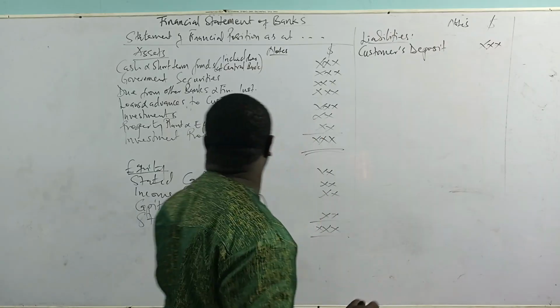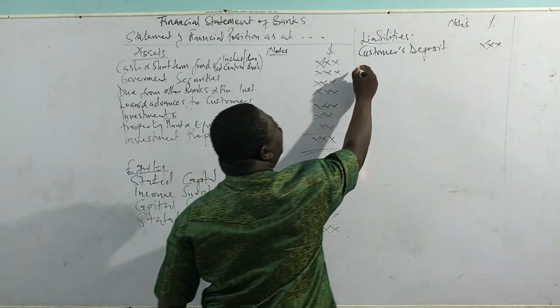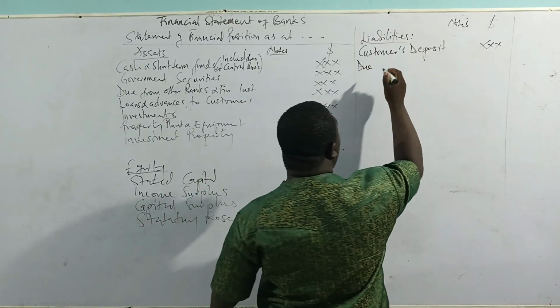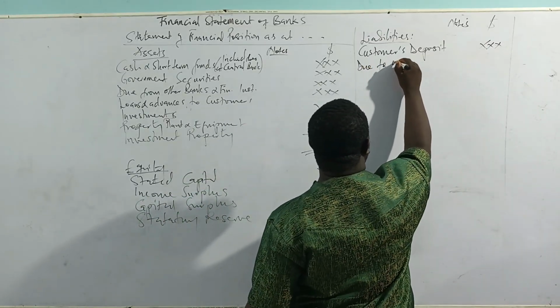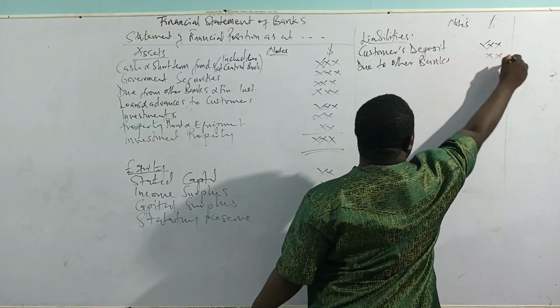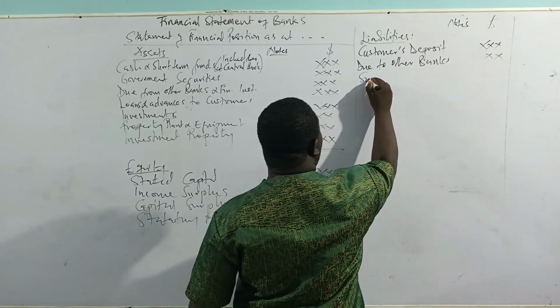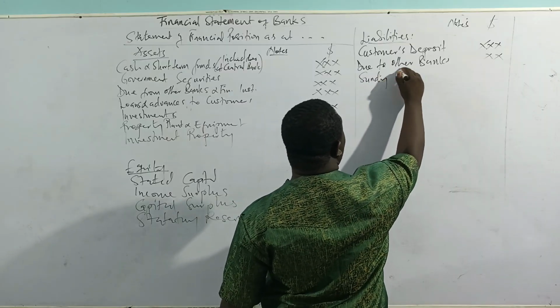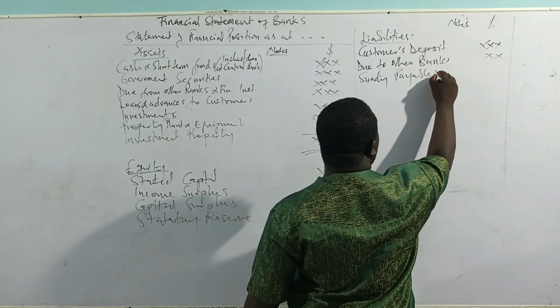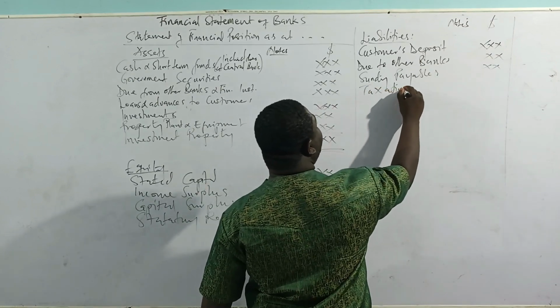We can also, you see that we have due from other banks. The same way, we can have due to other banks, we can also owe other banks. So due to other banks and financial institutions will also come as a liability. Details will be in the notes. And then we can have other payables or sundry payables. And then taxation will also come as a liability, of course.